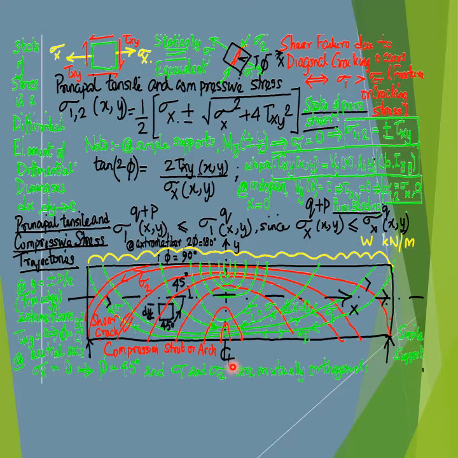And since the principal tensile stress and principal compressive stress are mutually orthogonal or perpendicular to each other, the value of phi thus computed for the representative y coordinate, that is the y coordinate corresponding to the neutral axis at which the normal or direct bending stress is equal to 0, defines the direction of both the principal stresses, that is principal tensile stress sigma 1 and principal compressive stress sigma 2.